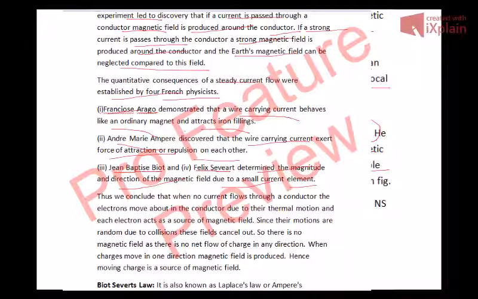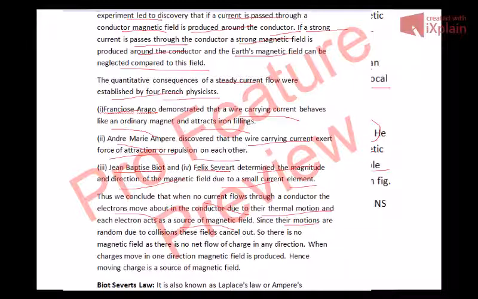Thus, we conclude that when no current flows through a conductor, the electrons move about in the conductor due to their thermal motion, and each electron acts as a source of magnetic field. In the absence of the potential difference, when current is not flowing in a conductor, the valence electrons are free.